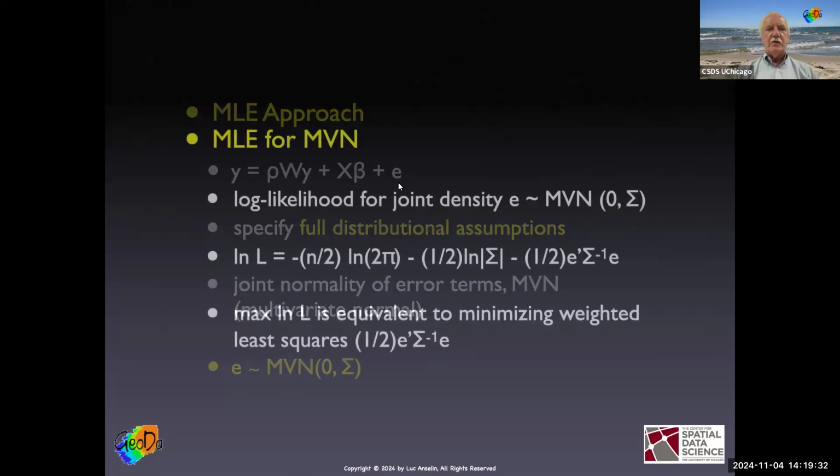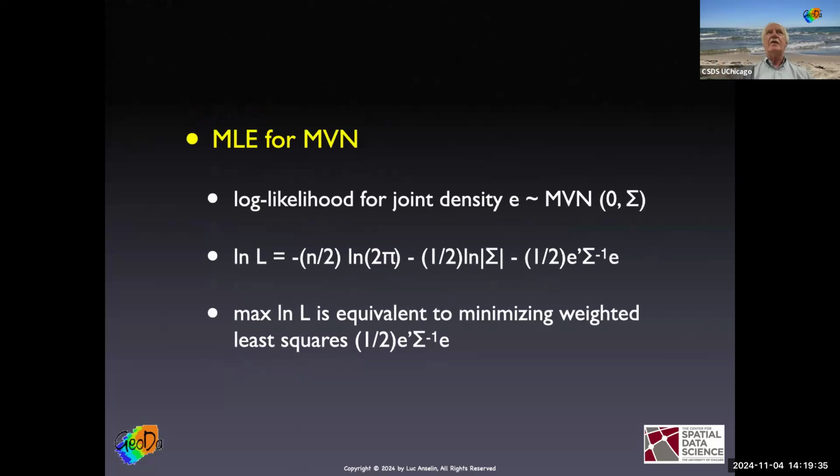Classic statistics, you guys who've taken math stat know how to do this. For the distribution of a multivariate normal random variable, the log likelihood has essentially this major part, which is a weighted sum of squares of the error term.